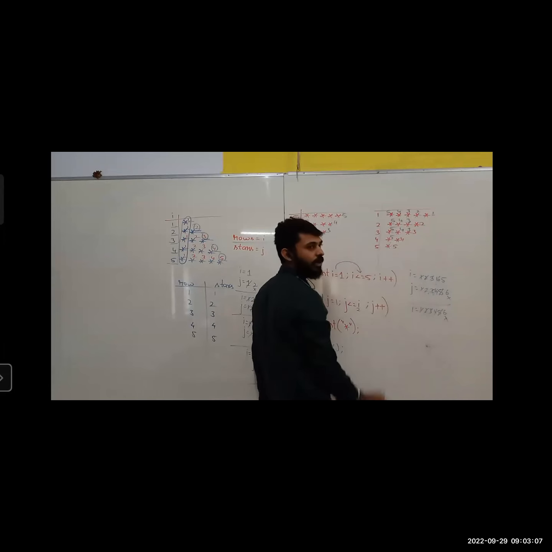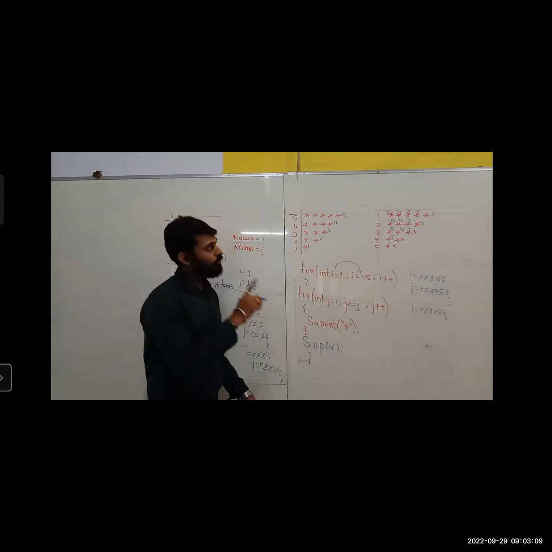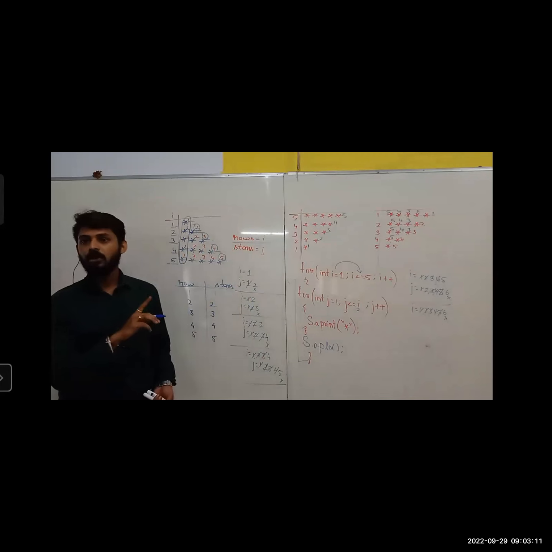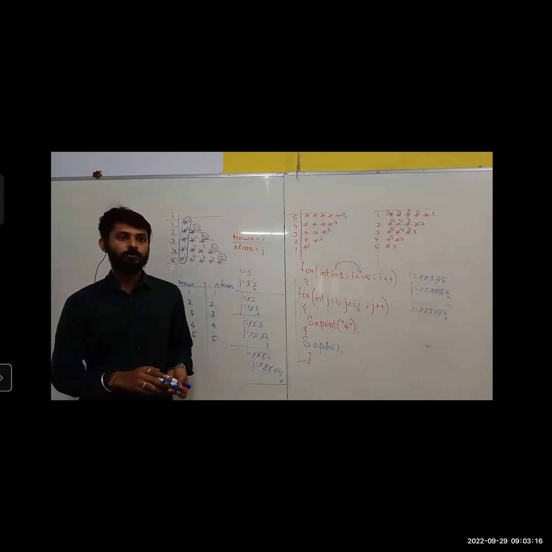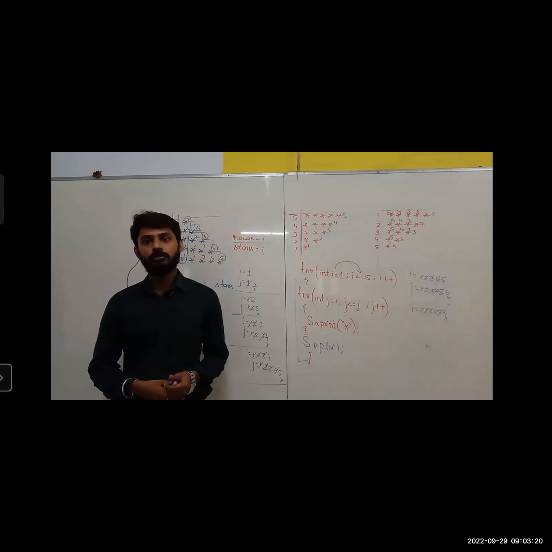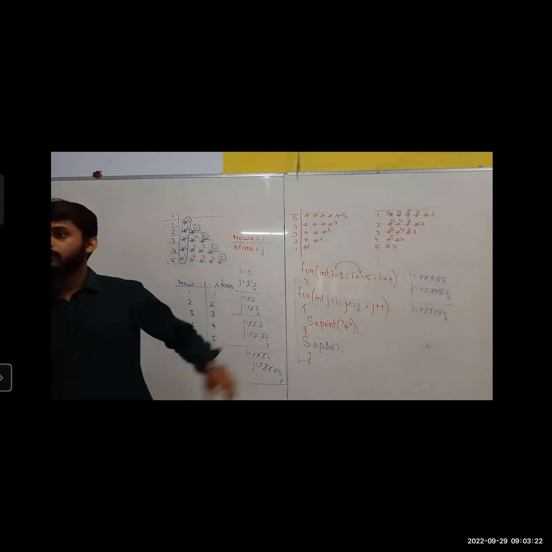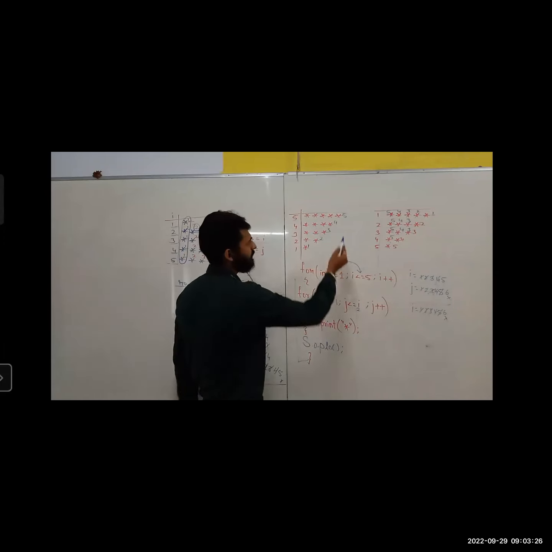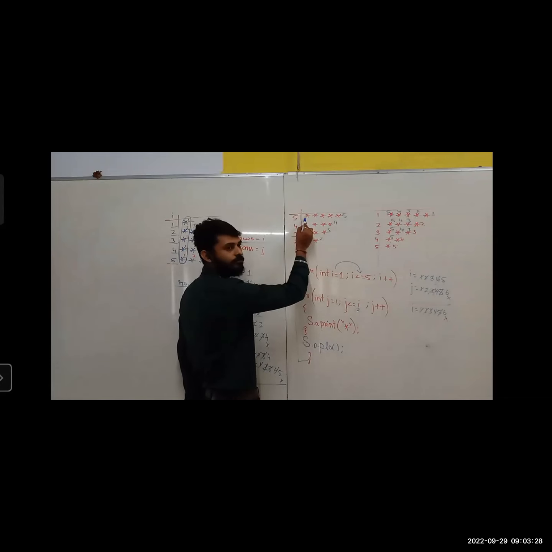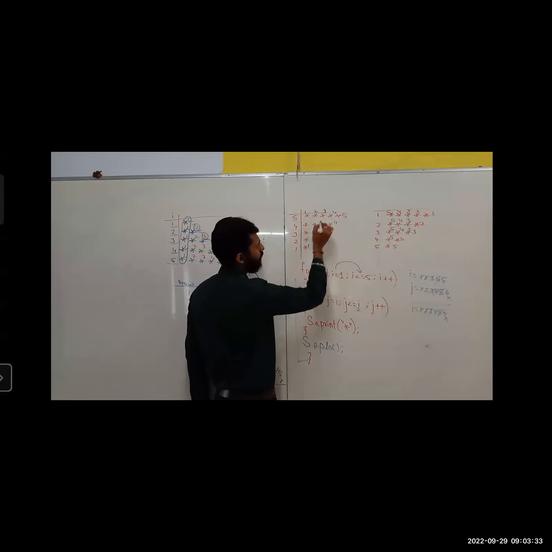This is anyways 5. Whatever I have explained, by default will be followed. What does it mean? Starting point is the same and ending point is your row number. Here also it will come in the same way. Please check. If this is 5, what should this one be? Here it is 1, 2, 3, 4. What will this one be?